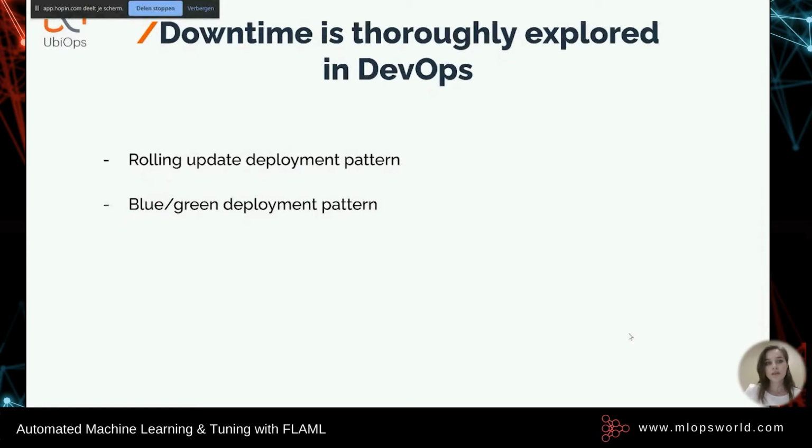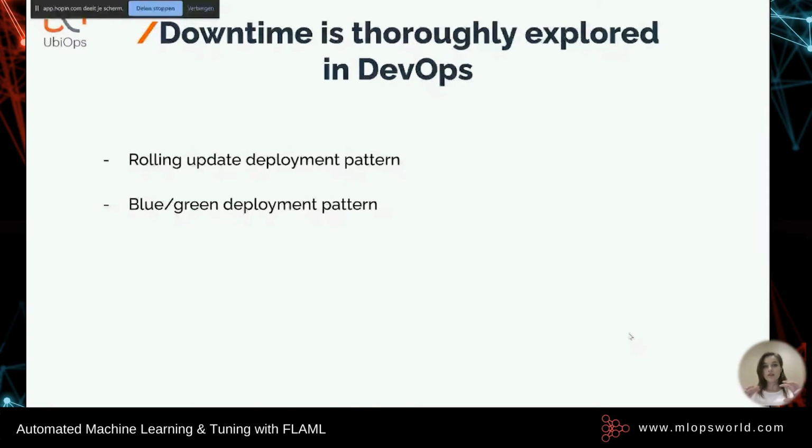Another option is a blue-green deployment pattern. This really takes out the entire downtime. If you're not familiar with blue-green deployment patterns, this is where you keep your previous version alive and up and running, while in parallel you deploy your new version.